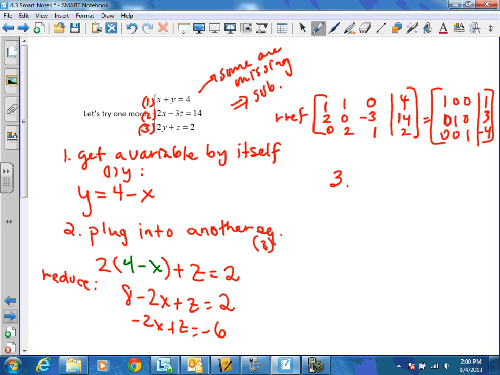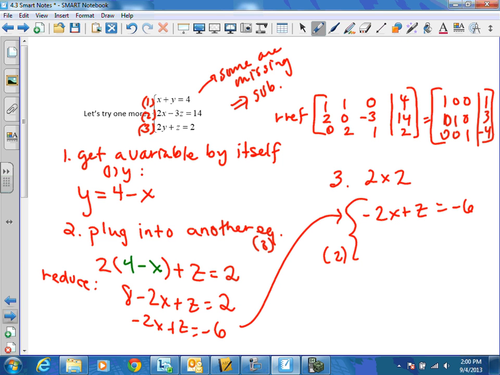Now we have our 2 by 2. So I have my negative 2x plus z equals negative 6. And what can I pair that with? We can go and get the number 2, right? 2x minus 3z equals 14, and solve.